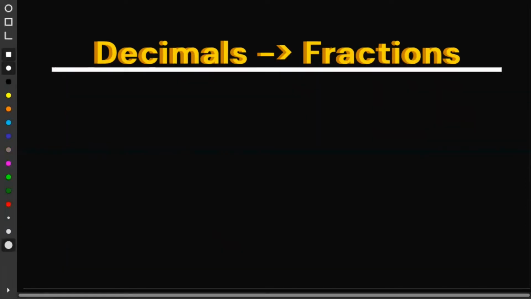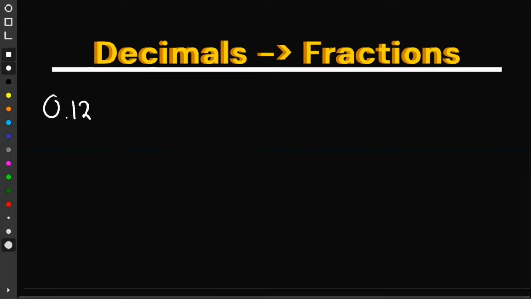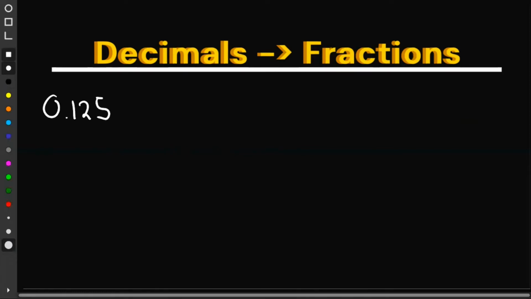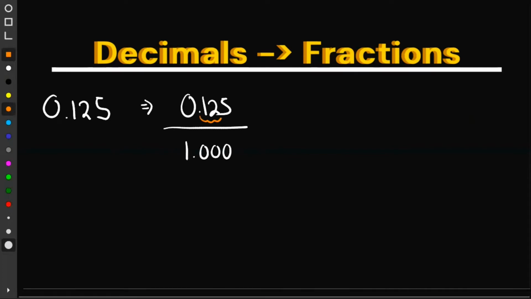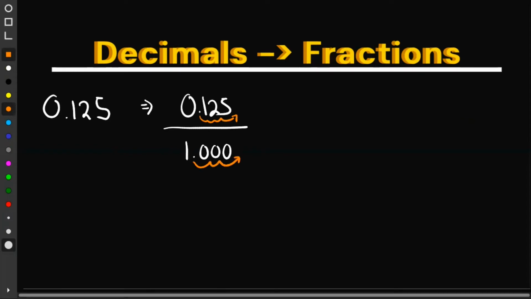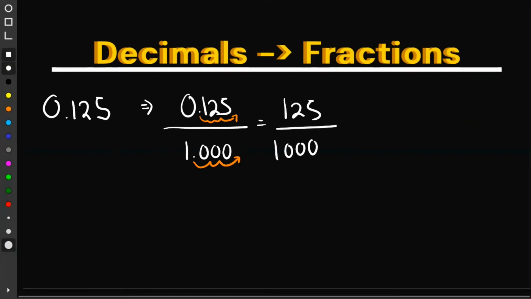Let's try another example, but this time we would speed up our solution since we already know the minor details behind this. For this, we have 0.125. We could write this as 0.125 all over 1.000. So we move the decimal place 3 times. This would give us 125 over 1000. Note that both of them are divisible by 25.